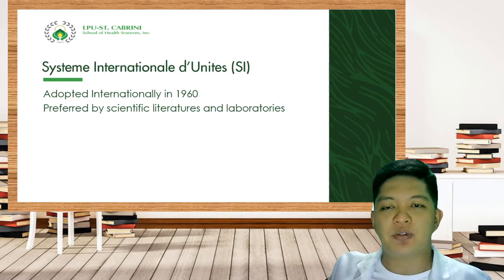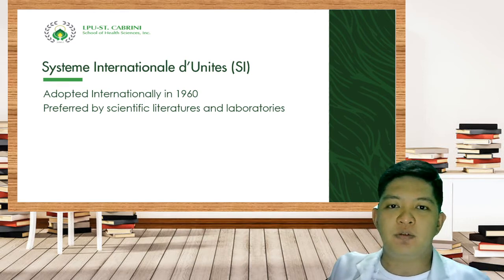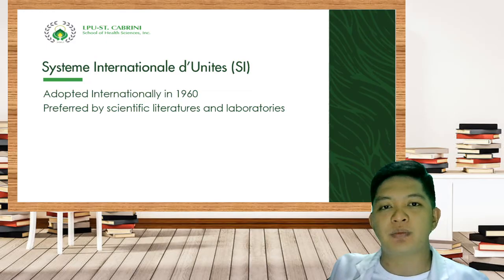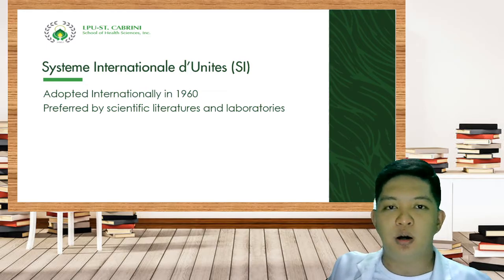What is the purpose of this one? They prefer SI for laboratories, for reference range, for the unit that will help us to identify the dimension of the volume present in the analyte of our sample.